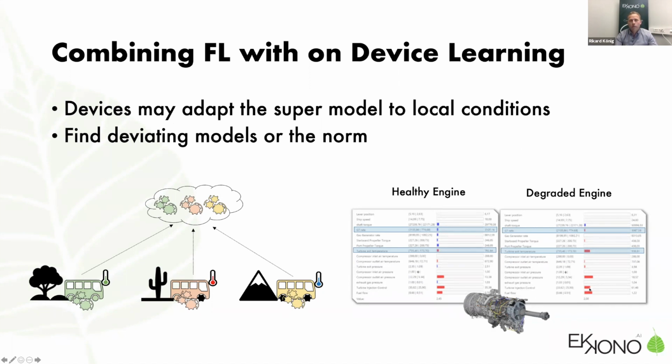It doesn't have the same effect as before. And we can look at how they differ. How do the models tell us that they differ? And then you can get a clue of what is happening with that device. So by combining on-device learning with federated learning, which we do here at Ekkono, you gain even more powerful functionality.